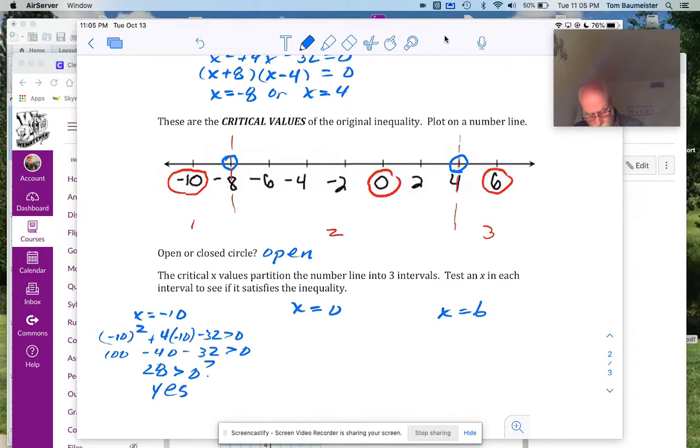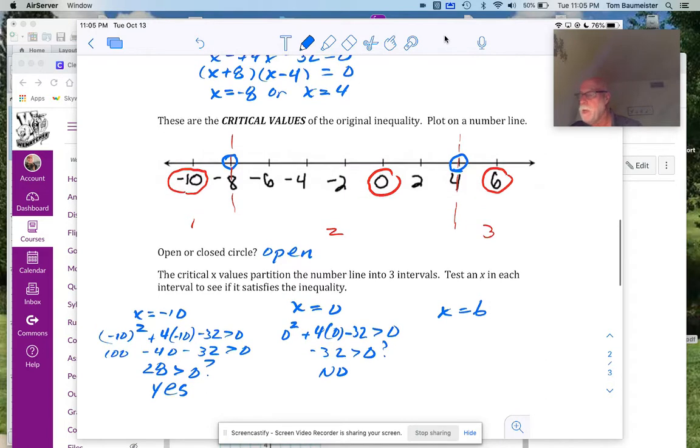If x is equal to 0, I'm going to do the same thing. 0 squared plus 4 times 0 minus 32. Is that greater than 0? Is -32 greater than 0? Again, that's my question, and that one's a big no. And finally, the last one, I'm going to say 6 squared plus 4 times 6 minus 32.